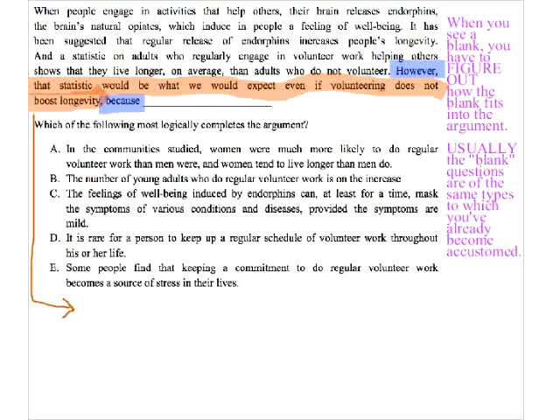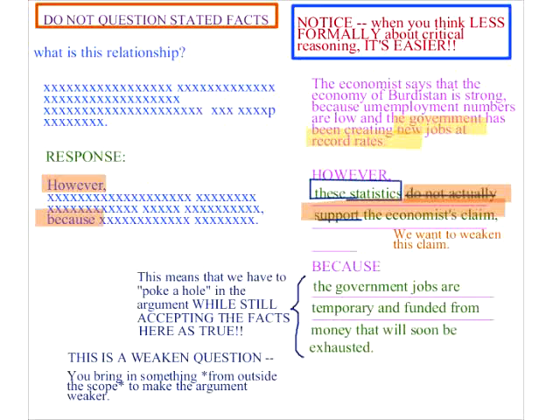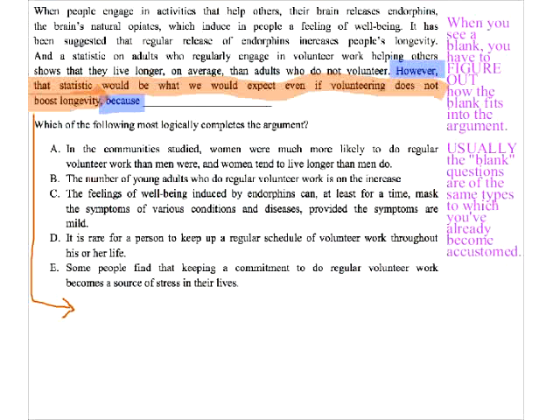This is harder than the one on the last slide because I'm going to switch slides here. These statistics do not actually support the economist's claim. Okay, fine, that's pretty straightforward. I mean, you have a claim and you are going to try to weaken it. That's right out there. Here, on the other hand, we don't have something that says, however, XXXXX is not necessarily true. So we have to do a little bit of inferring here.